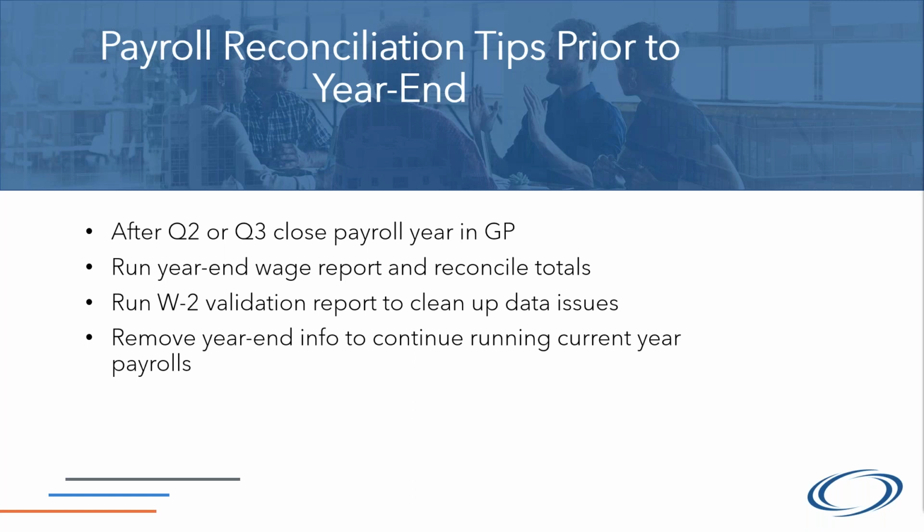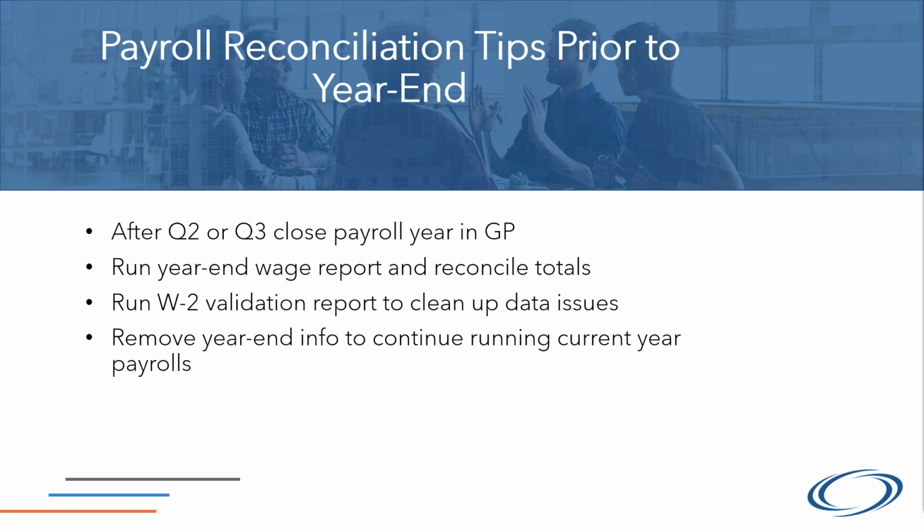Now that we're in September, probably after your last payroll in September, you would do this so that you can get a lot of your data cleaned up and be ready for that last quarter of the year and smooth sailing for closing payroll.